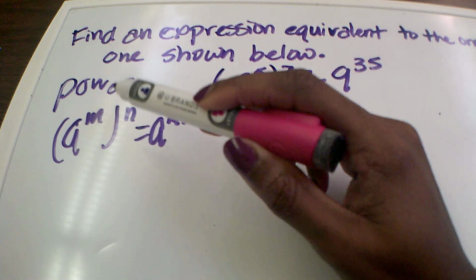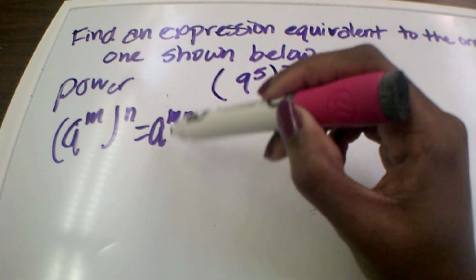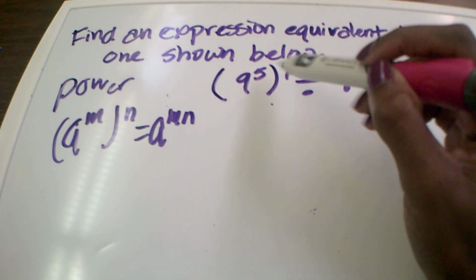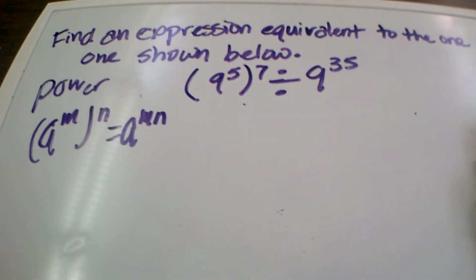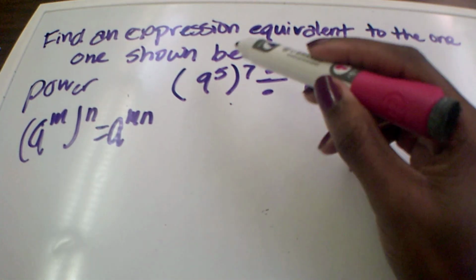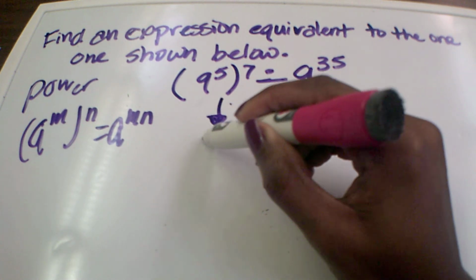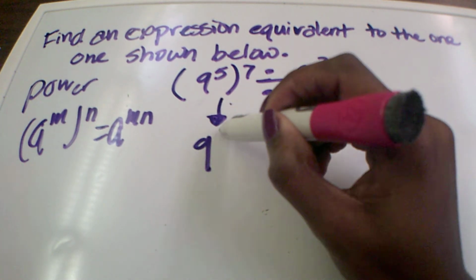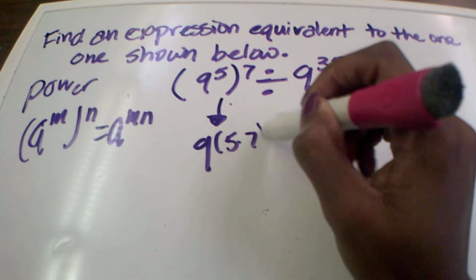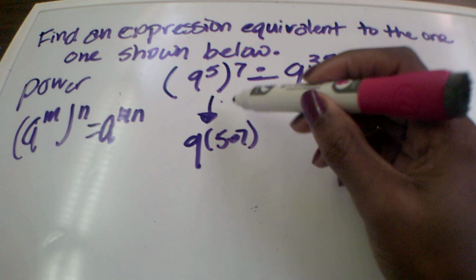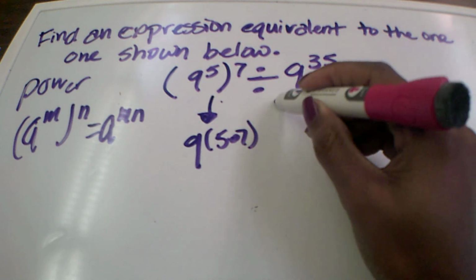So we have a to the m, this is to the nth power, so that means we have to do m times n. We have to multiply the exponents, these powers. Okay, so right here, we have 9 to the 5 times 7. That's a multiplication sign, that dot right there. 9 to the 5 times 7.